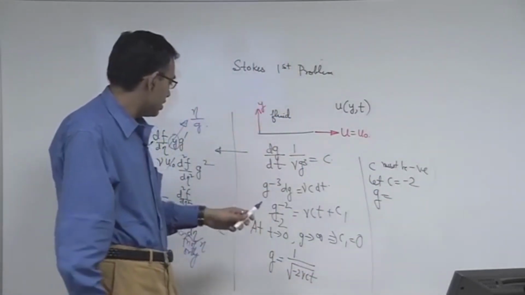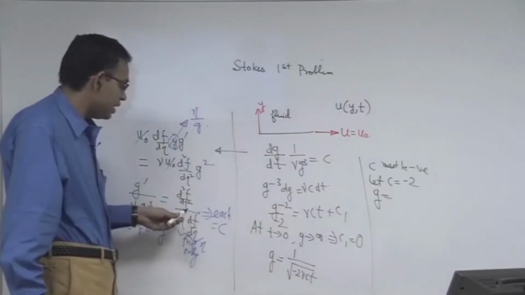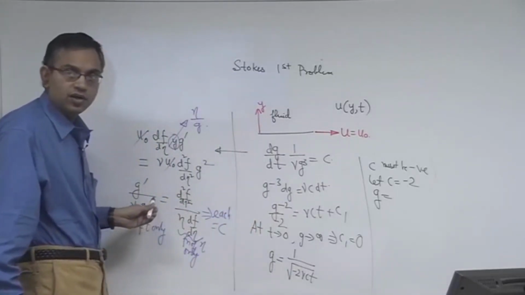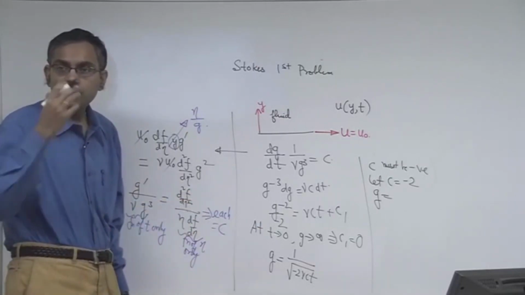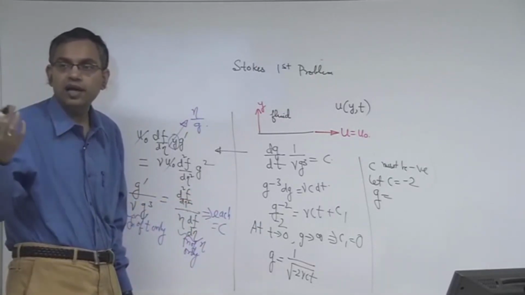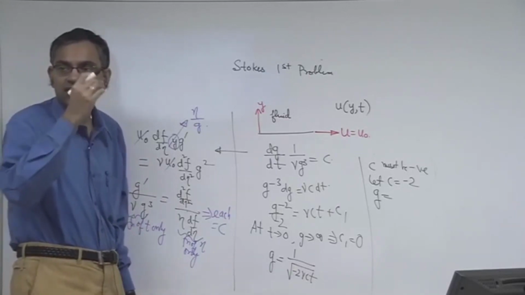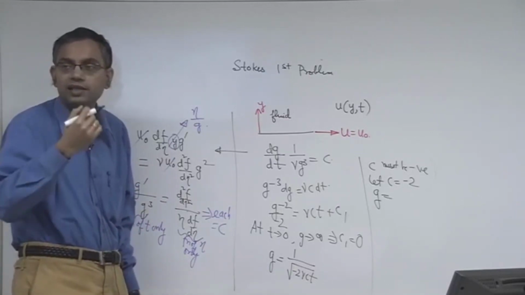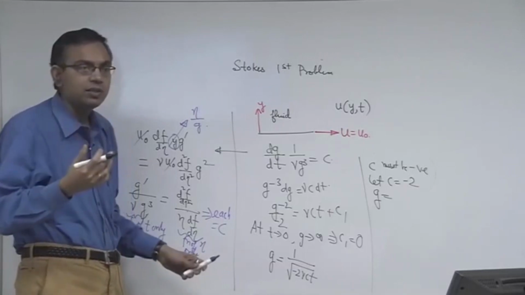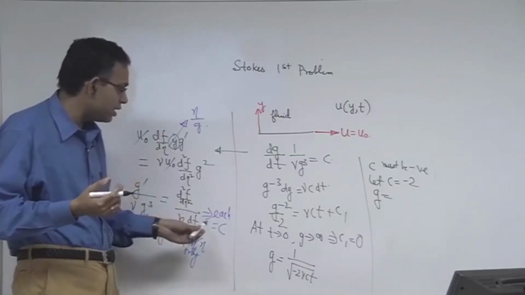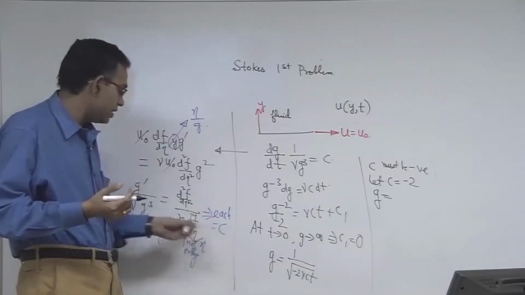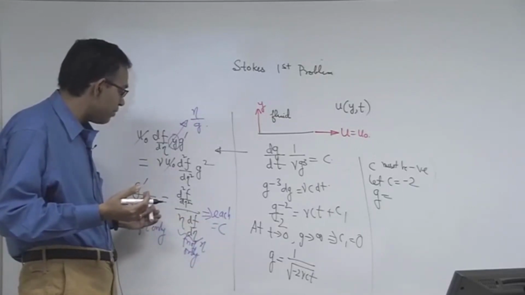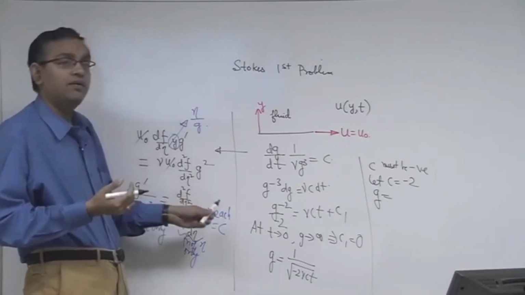Whatever C you take, it does not disturb this equality. You recall that in school level ratio proportion problems, A by B equal to C by D equal to K, whatever K you take does not disturb the equality of A by B and C by D. That is what is important. So, this equality is never disturbed because of the presence of this C. For different C, the solution of G will be affected and the solution of F will be equally affected.